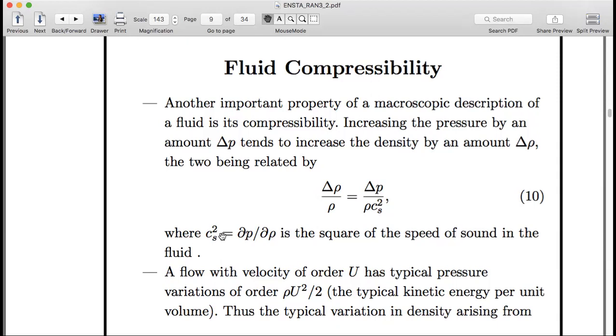But we define a parameter called c_s squared. That turns out to enter the wave equation for compression waves in a fluid, and corresponds to the speed of propagation of these waves. So the speed of sound squared.